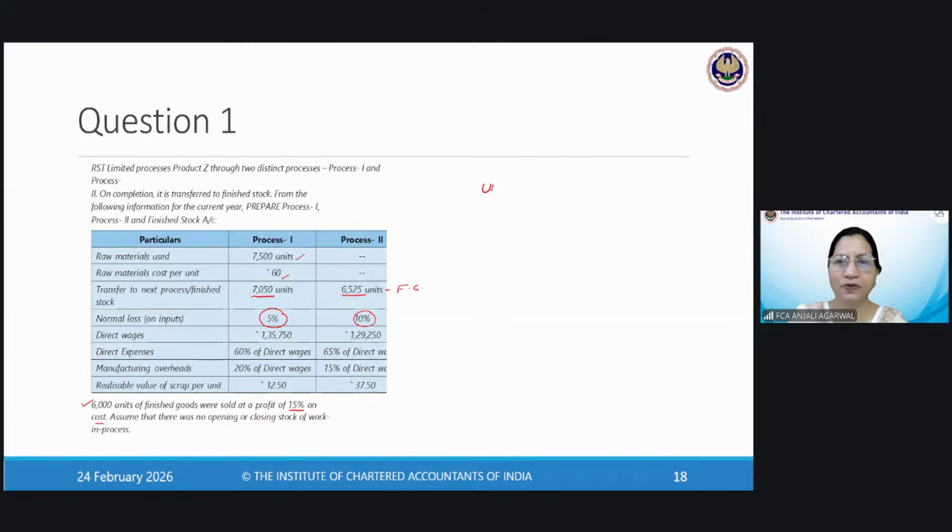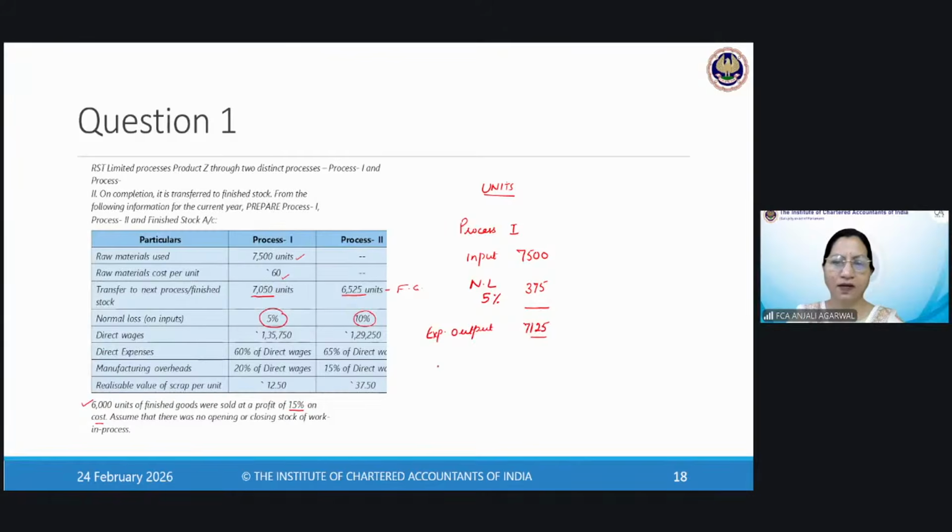So the first thing that you should do is to have an account for the units. If you look at process 1, input is 7,500 units. Normal loss is 5%, so 5% of 7,500 is 375. Therefore, the expected output should be 7,125.